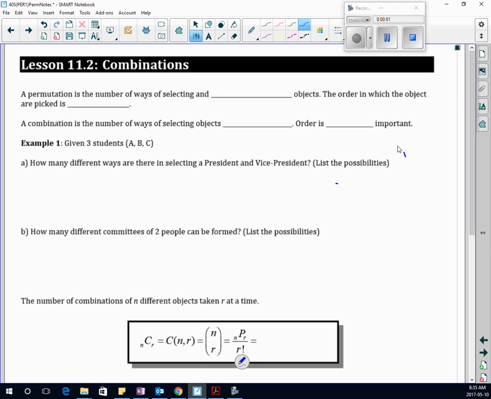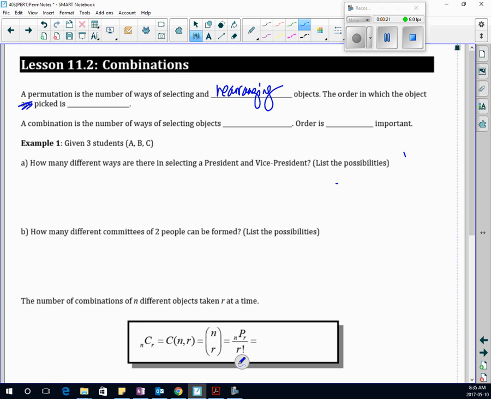A permutation is a number of ways of selecting and rearranging objects. The order in which the objects are picked is random.